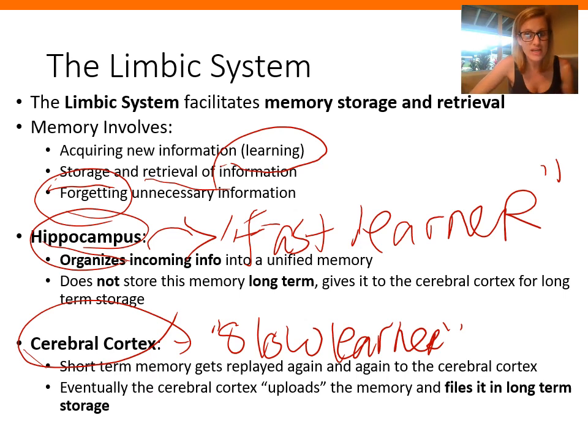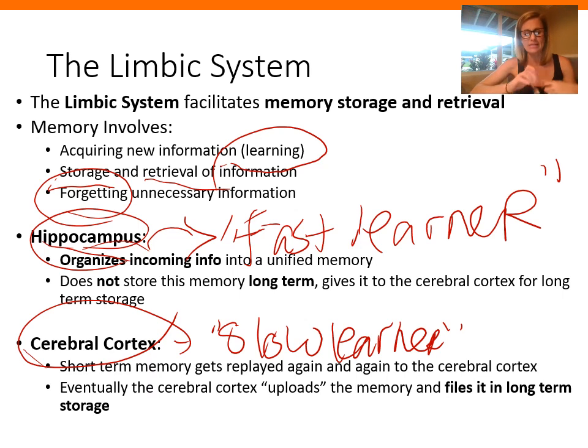Now, the cerebral cortex is a slow learner, so it's not fast enough to pick up the information as it happens. However, it is really good at storing things long-term. So after the hippocampus creates a nice unified memory, it uploads that memory to the cerebral cortex over and over and over again.